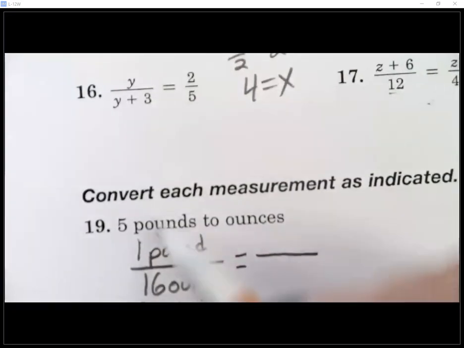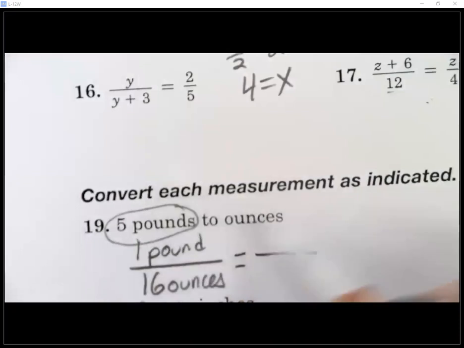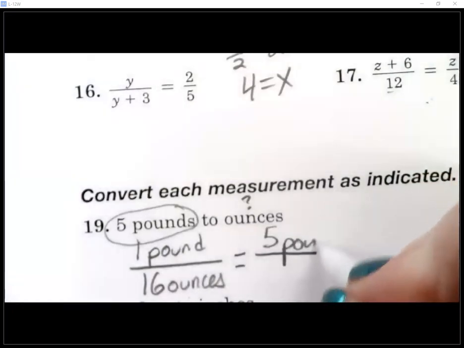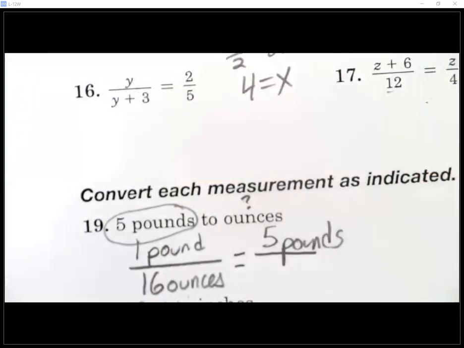They're saying, hey, 5 pounds is how many ounces, right? So here's what you do. Everybody ready? I want to match up my units. So I had pounds on the top, so I'm going to put pounds on the top here. So I'd put 5 pounds here. And I don't know how many ounces it is, right? That's what I'm trying to find. So I would just put in x.